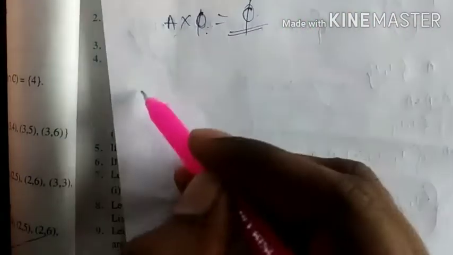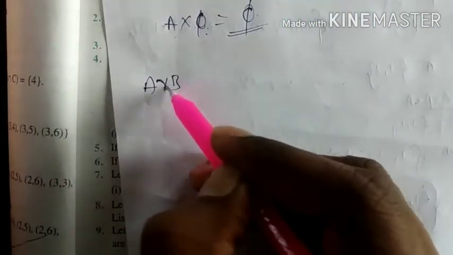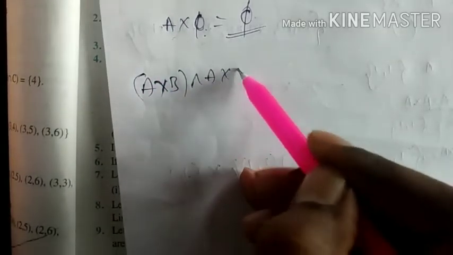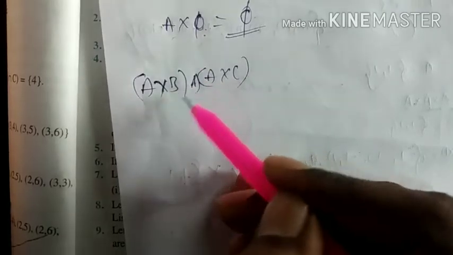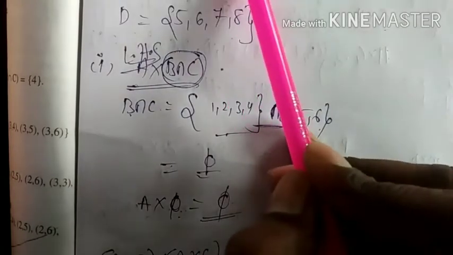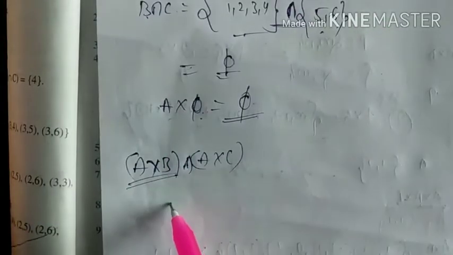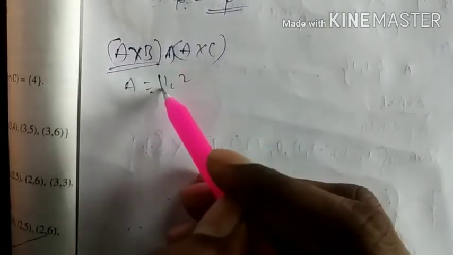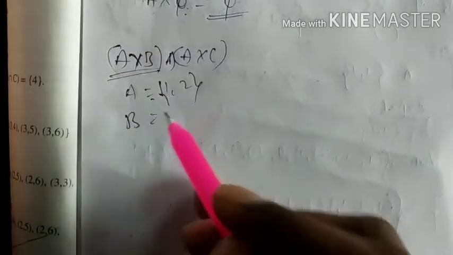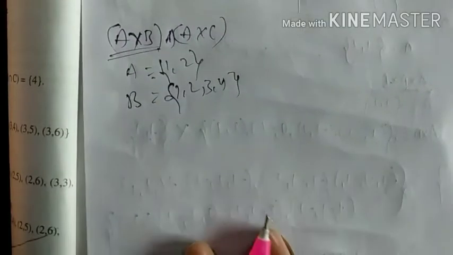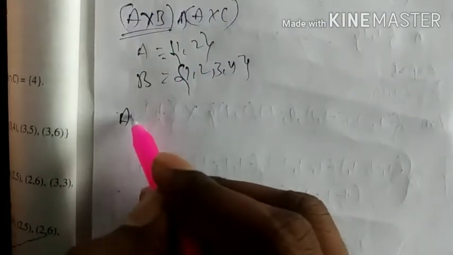So in this expression, first you have to find out A × B. A is 1, 2 and B is 1, 2, 3, 4. First A × B, let's see.